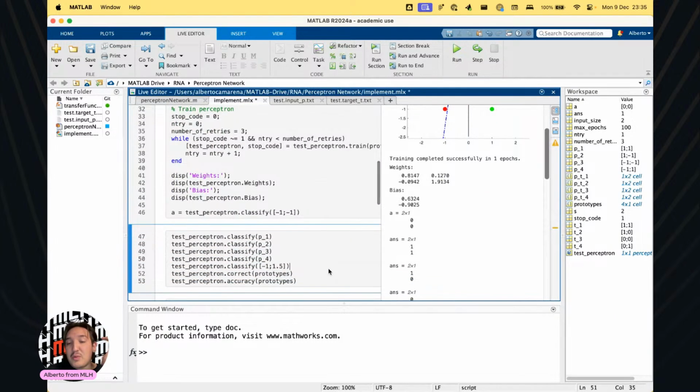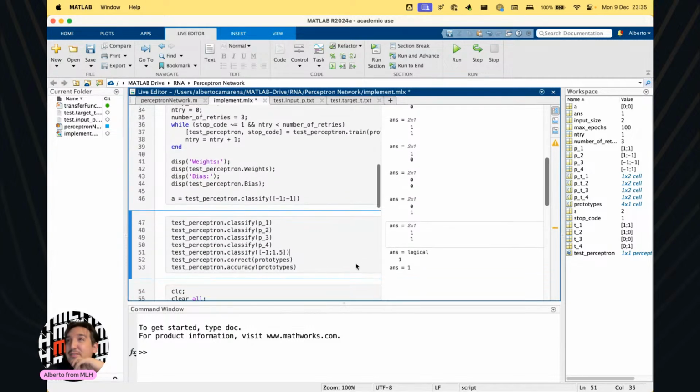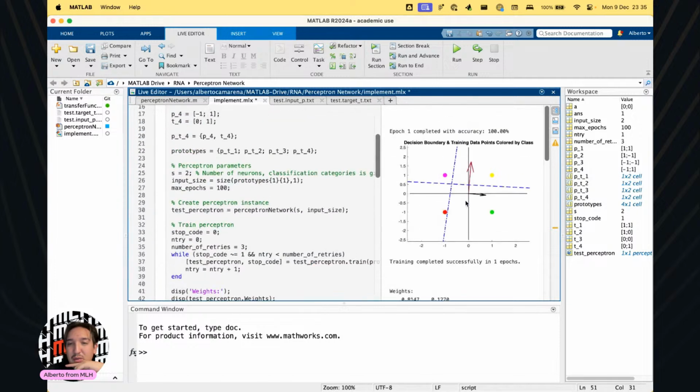Yeah, this should be actually, this is wrong. Wait, why is that? I'm looking at the correct decision boundaries. I think I am.